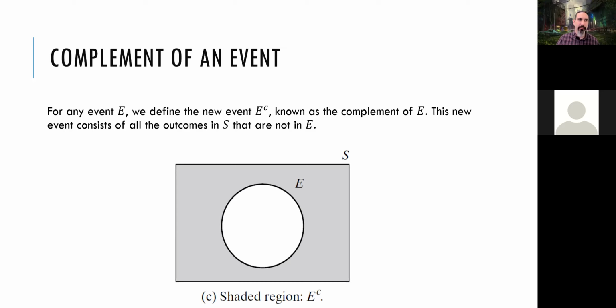When we were talking about set theory, it was all the elements that were not in the set. Now we're talking about all the outcomes, which are elements by themselves, that are not in the event we have defined. So the complement of E, as you can see here, is every other area outside of E.